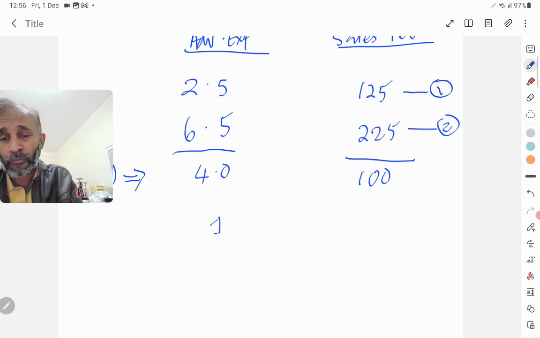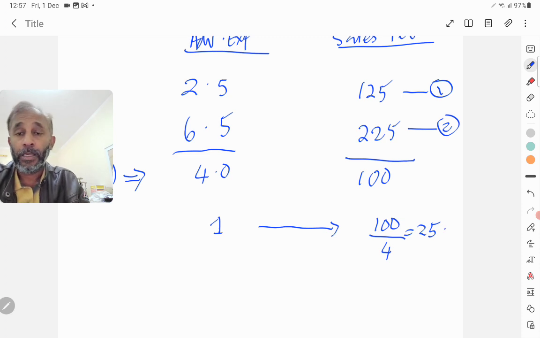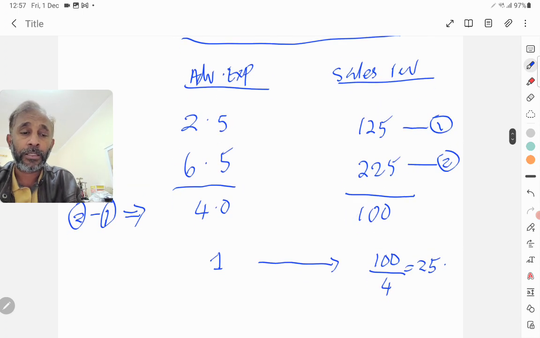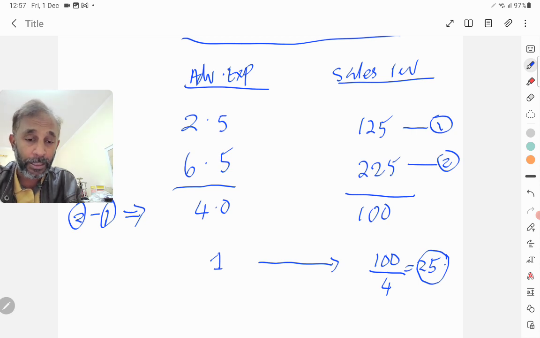So for an increase of 1 unit, the sales revenue will increase by 25. So the variable component related to the sales revenue is 25. Every time advertising expenditure increases by $1, your sales revenue will increase by $25 in this context.